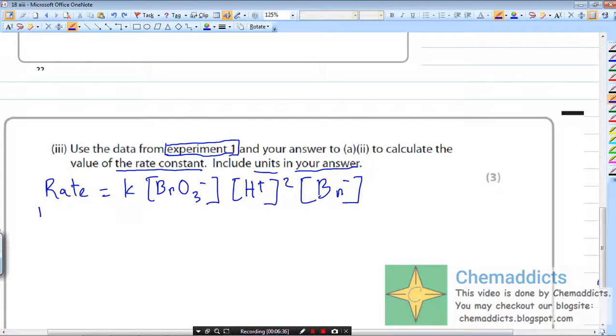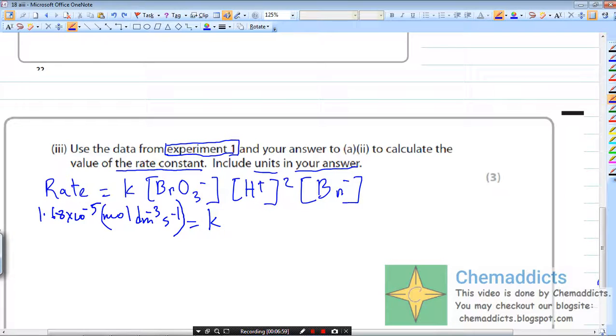So 1.68 into 10 to the power minus 5, this is 5, not 3, mole per dm cube per second is equal to, well, this is the unit for rate, changing concentration per unit time.